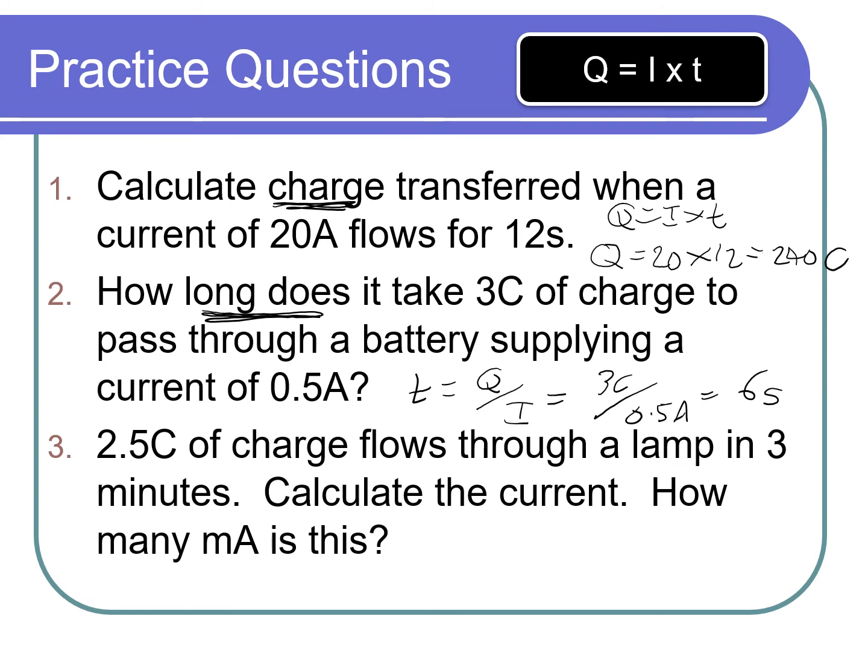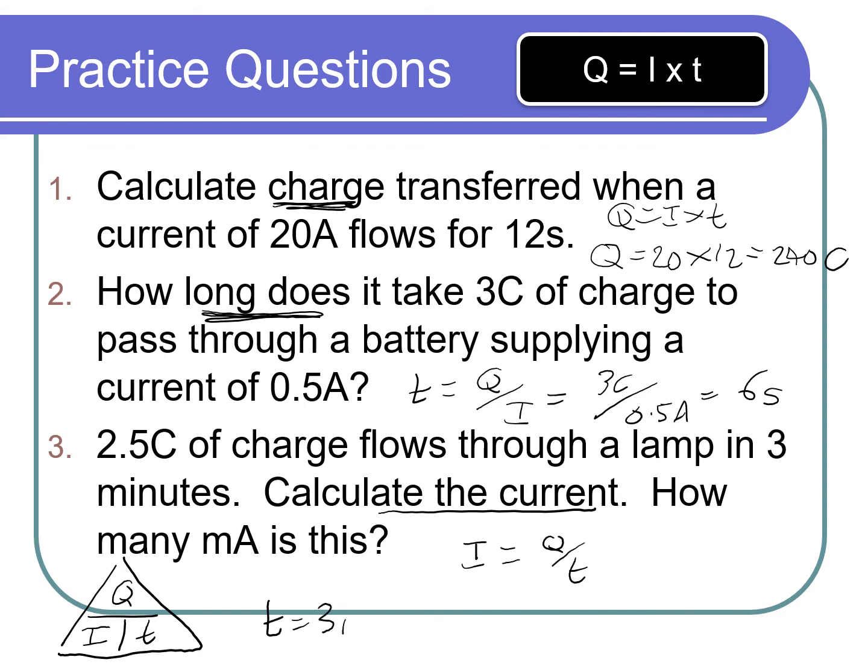There is a triangle that you can use to help rearrange this equation, Q equals I times T. Look at the last one. 2.5 coulombs of charge flows through a lamp in 3 minutes. Calculate the current. So we want I equals Q over T. Now T is in minutes here, but we want seconds.